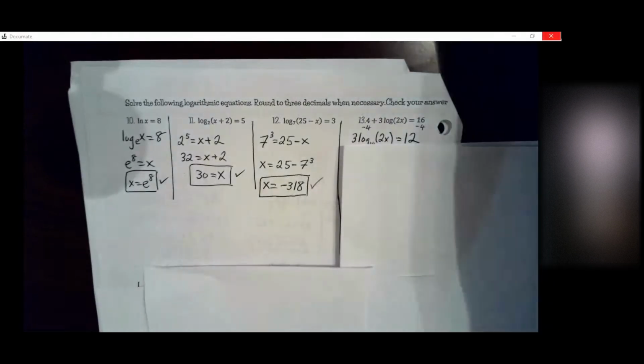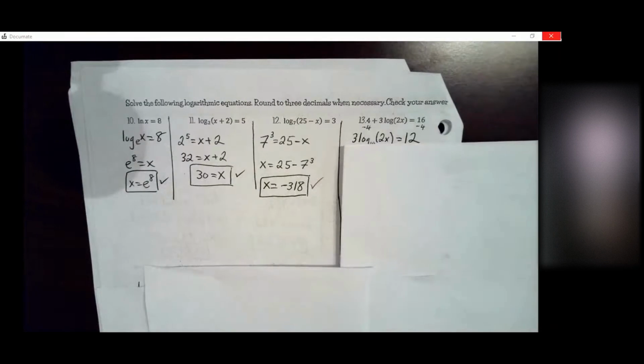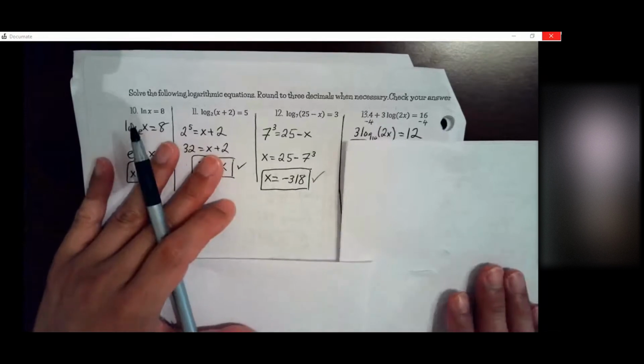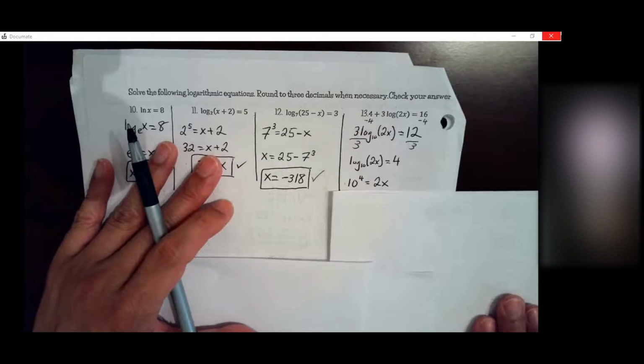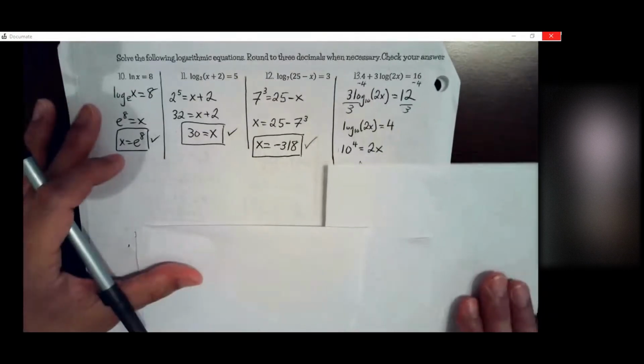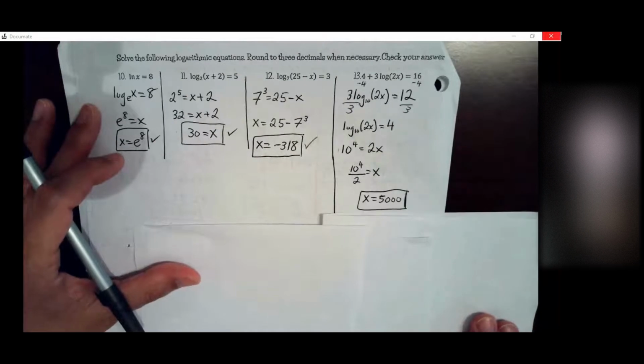Okay, so log 2x equals 4. So 10^4 equals 2x. So 10,000 equals 2x. So 5,000 equals x. Yeah. And that works. Good.